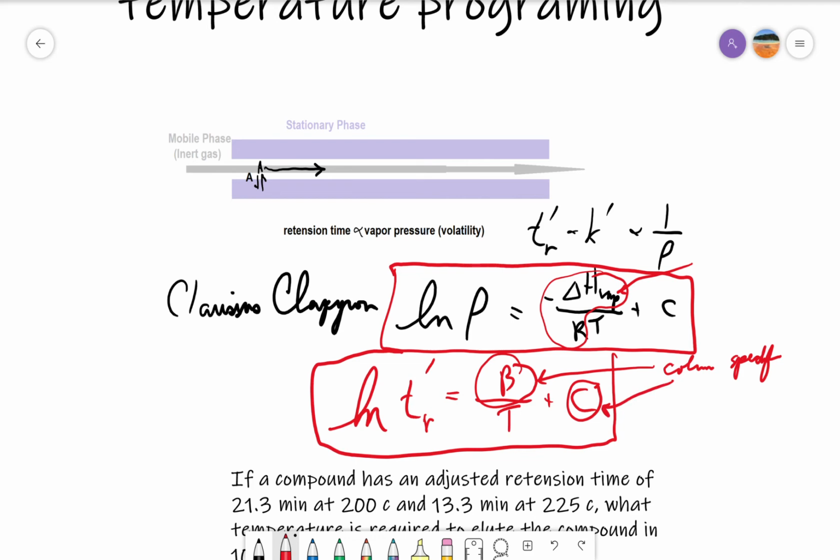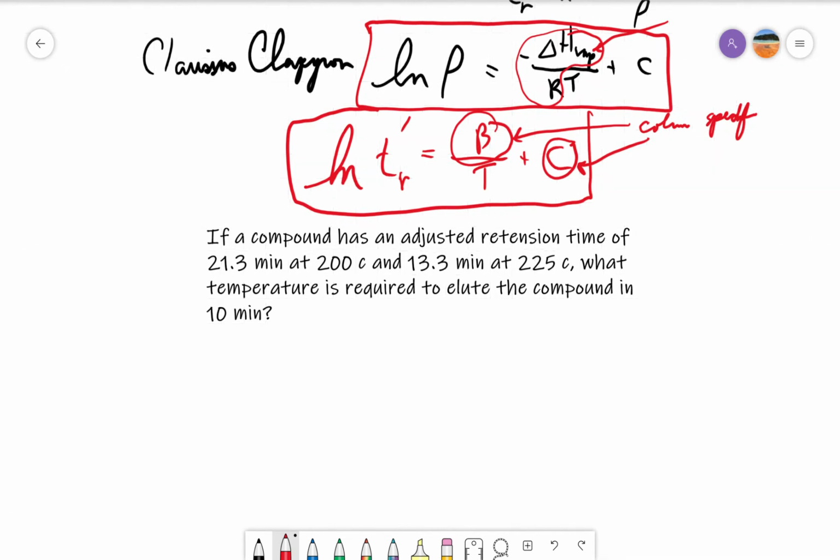But each compound will have specific constants. So, if we have a compound that has an adjusted retention time of 21 minutes at 200 Celsius and 13 minutes at 225 Celsius, what temperature will be required to elute the compound in 10 minutes?